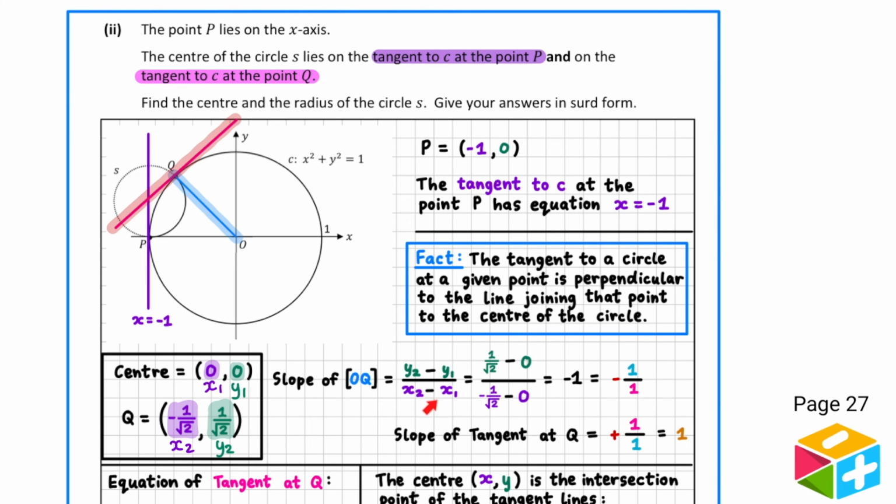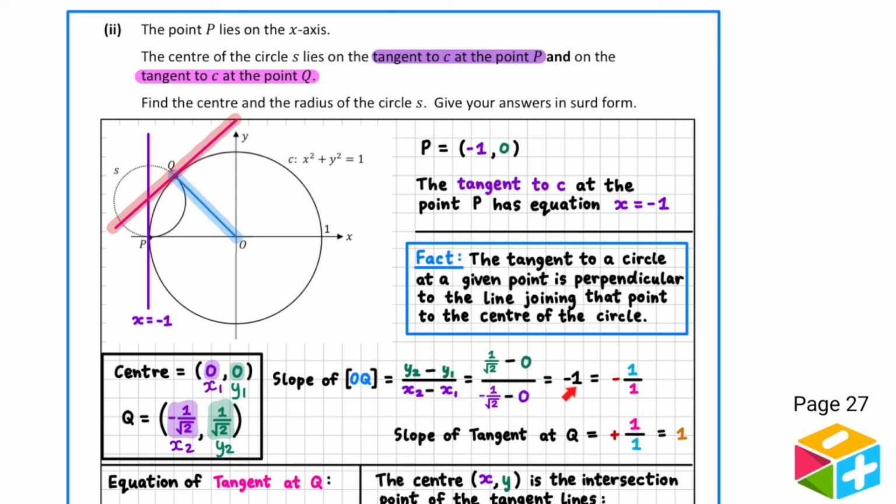If we sub these values into our slope formula and perform the resulting calculation, we end up with -1. So the slope of the blue line, OQ, is -1. The pink line is perpendicular to this, and there's a trick we can use to find a perpendicular slope. We flip the fraction and change the sign. To do this, it would be wise to first express our slope as a fraction.